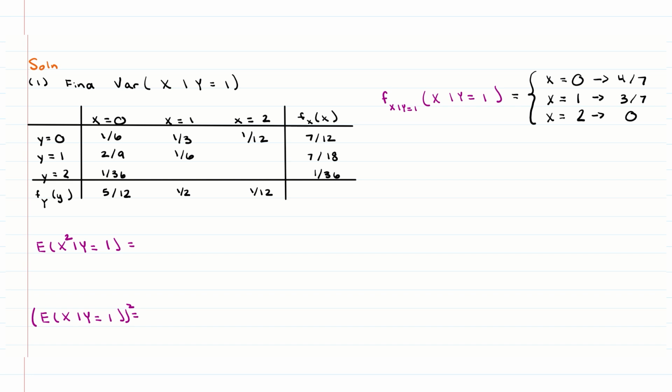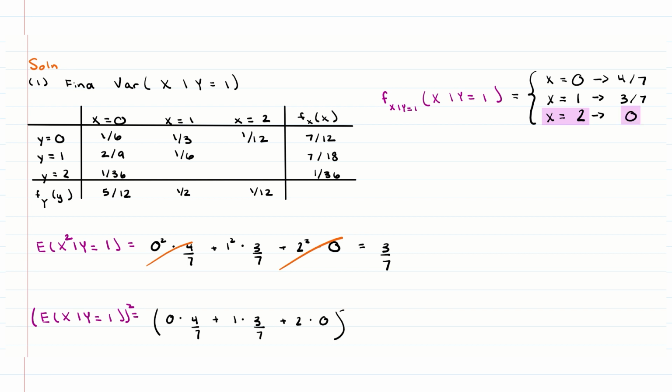For the expectation of x squared given y equals 1, we have 0 squared times 4 over 7 plus 1 squared times 3 over 7 plus 2 squared times 0. We see that these two pieces just equal 0, so that leaves us with 3 over 7. Now for the expectation of x given y equals 1 squared, we have 0 times 4 over 7 plus 1 times 3 over 7 plus 2 times 0, squared.